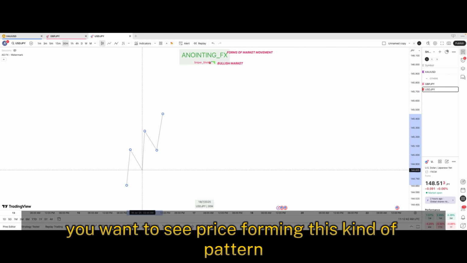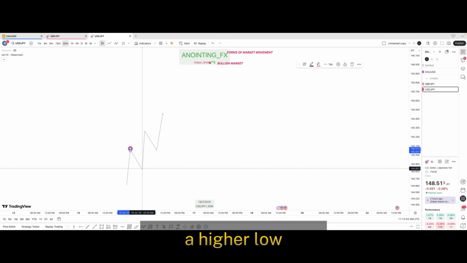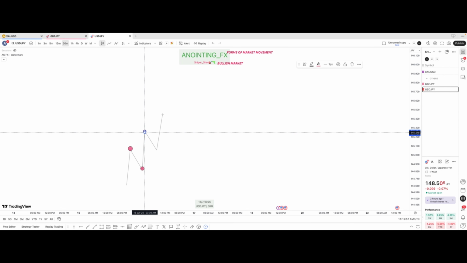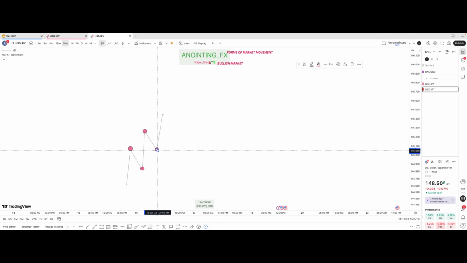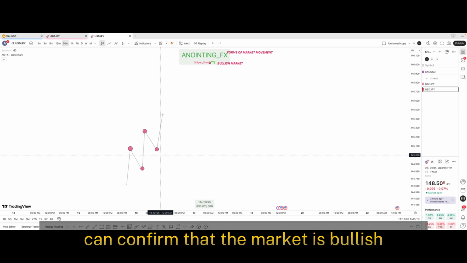You want to see price forming this kind of pattern: at least a higher high, a higher low, a higher high, and then a higher low. At least two of these can confirm that the market is bullish.